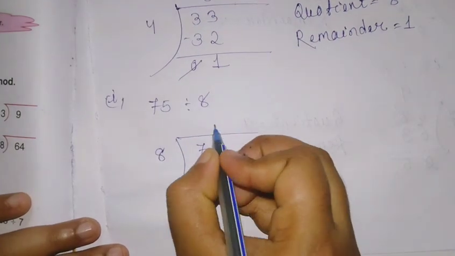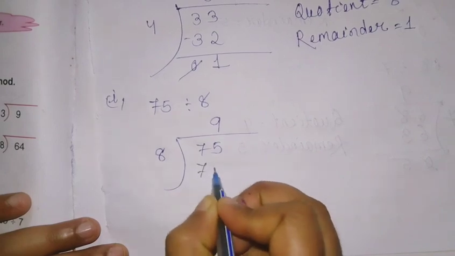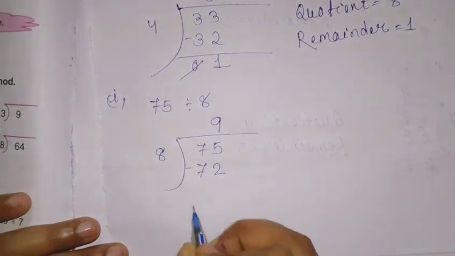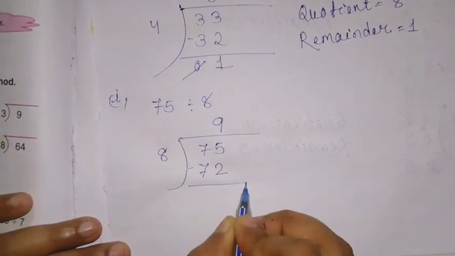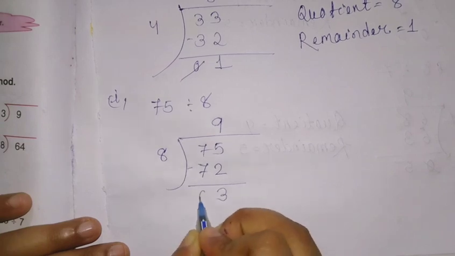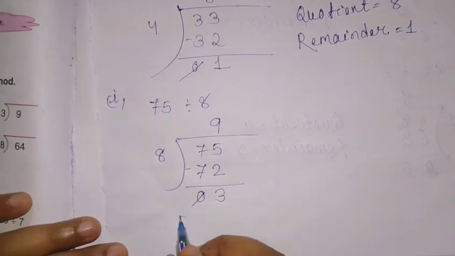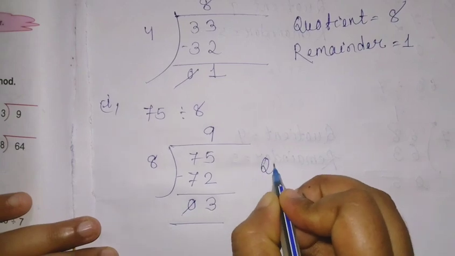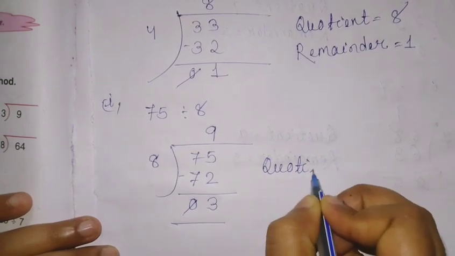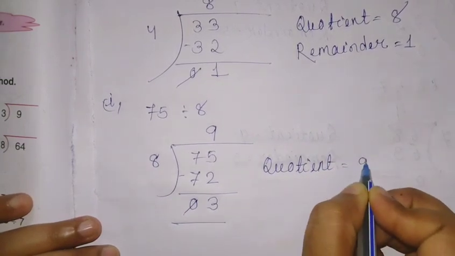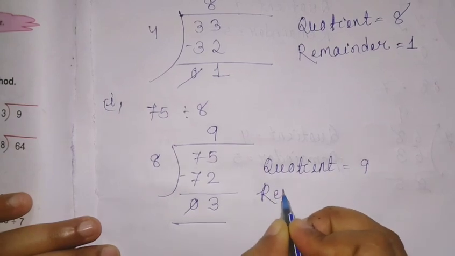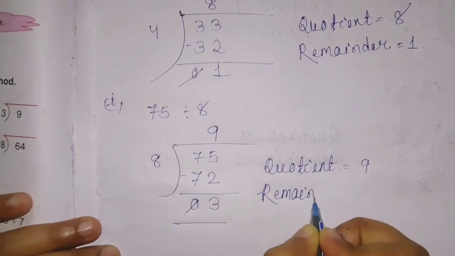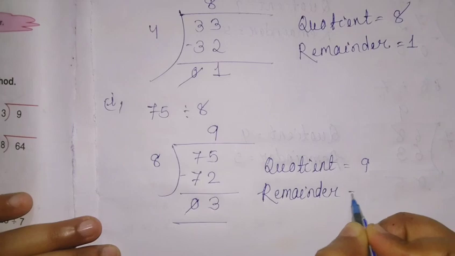Then 8 nines are 72. Now we subtract the product from the dividend. 5 minus 2 equals 3, 7 minus 7 equals 0. Here we get quotient equals 9 and a remainder equals 3.